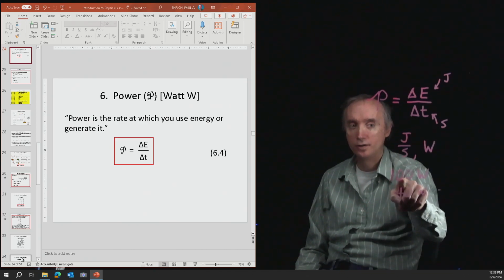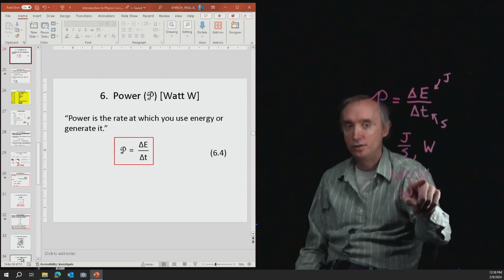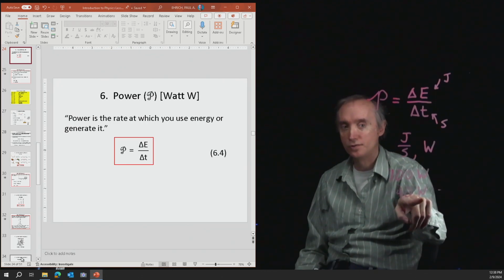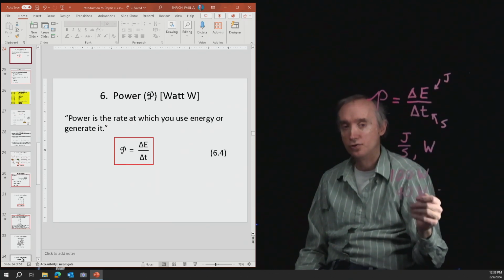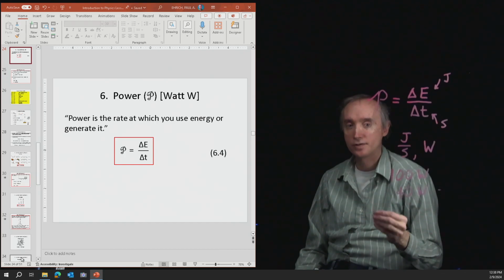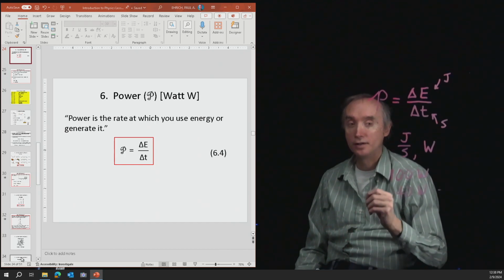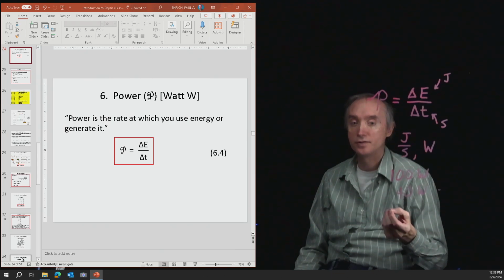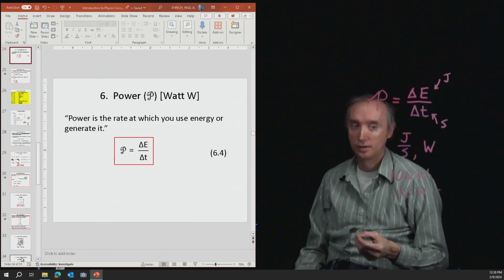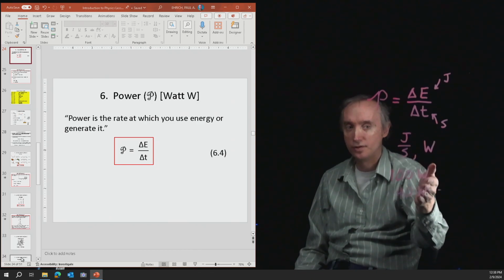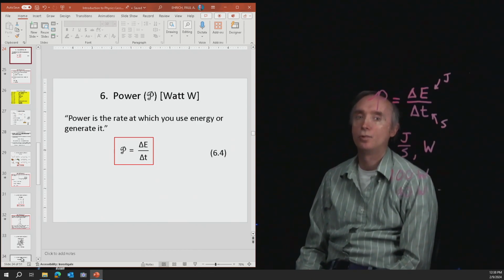So a 100 watt light bulb is going to use 100 joules of energy every second. If you get the 40 watt light bulb, the good news is it's not going to use as much energy. So the 40 watt is going to use 40 joules of energy every second. But the bad news is, it's going to be dimmer. So that shows you the difference in wattages and what it means.